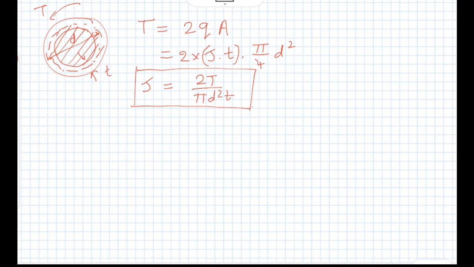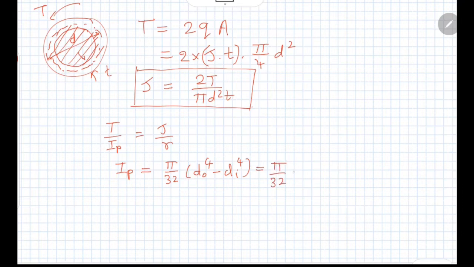Now let's compare the solution for the shear stress by using the classical approach. So in the classical approach, we are having T divided by IP equal to shear stress divided by R. Now IP in this particular case will be given as pi by 32 times outside diameter raised to 4 minus inside diameter raised to 4, which can be simplified and written as pi by 32 times do square plus di square multiplied by do square minus di square, which can be again written as do plus di multiplied by do minus di.